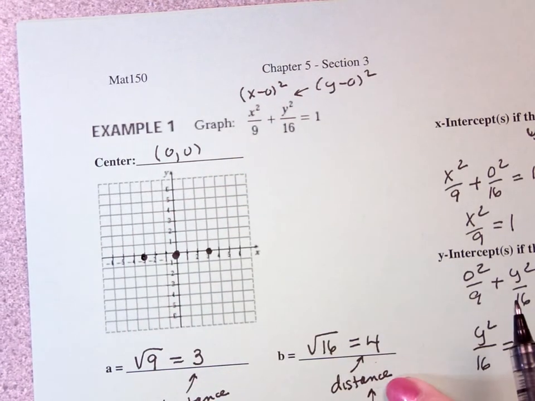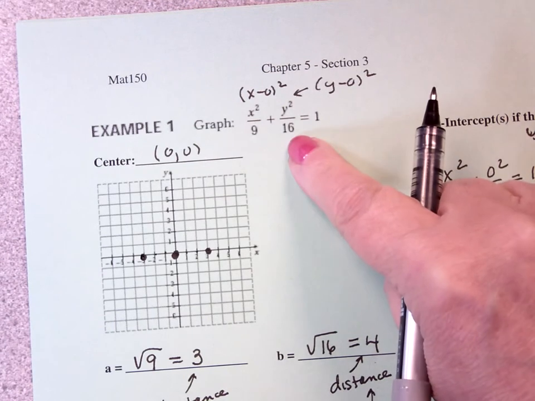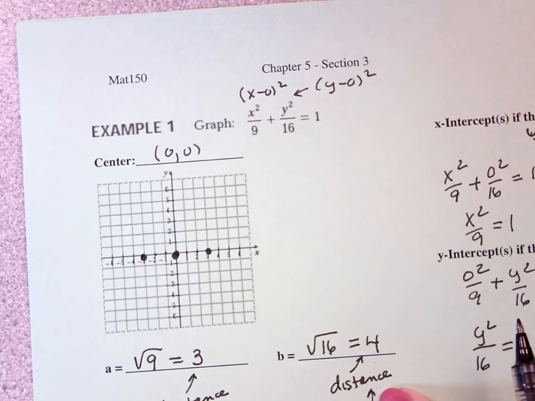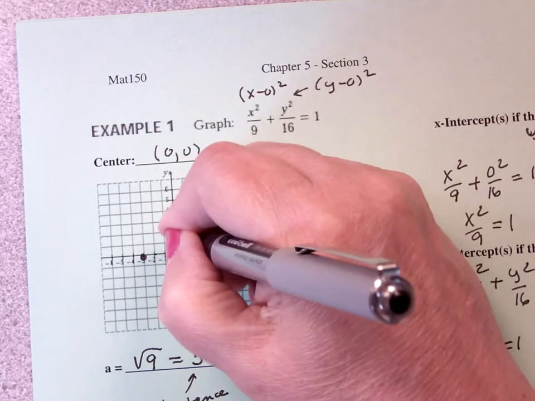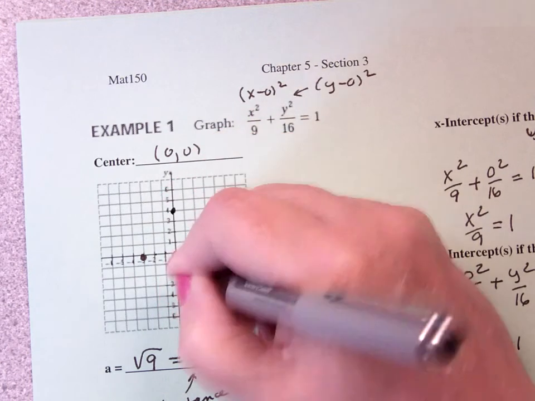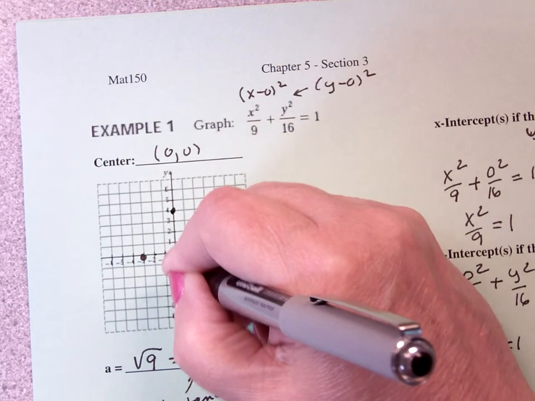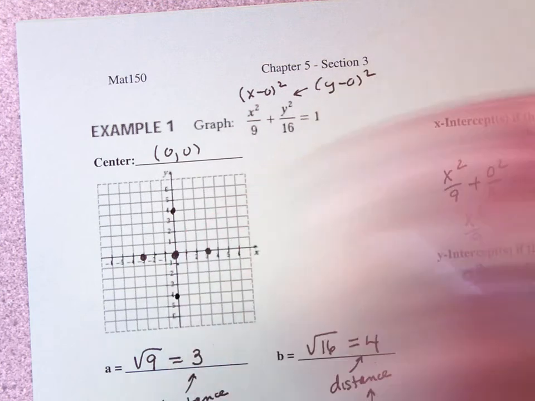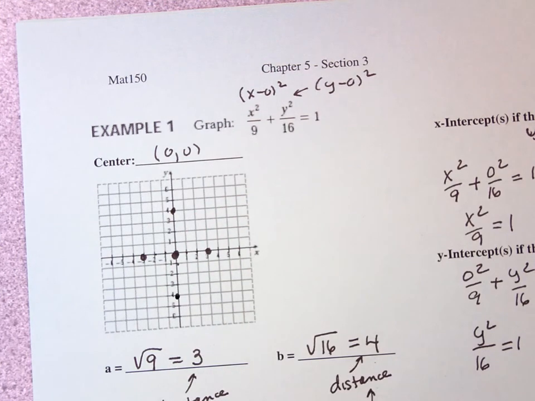And then I'm going to go 4 units, because 16 is under the y. 4 units from center up and down. That takes me to the vertex on either side. So 1, 2, 3, 4, 1, 2, 3, 4. Because the center's at 0, 0, you are picking up the x and y intercepts.